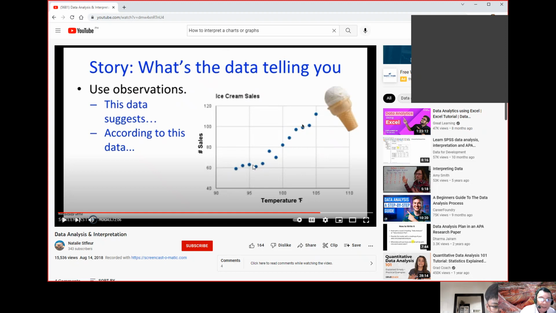So this one is the dot chart. Okay, so the dot chart, yes, you're so right. This dot chart suggests that. So you are going to tell a story about this one now. Or we can also say, according to this data, and tell a story about that. Okay? Let's continue.